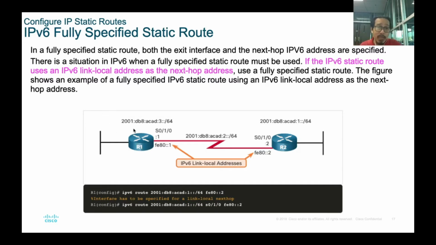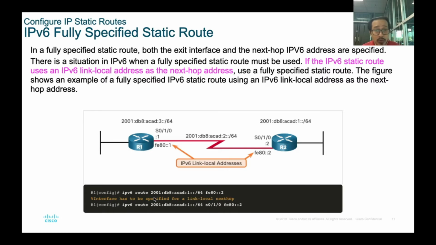If R1 has several other local area networks, they might use the same address, FE80::1 on one network, FE80::1 on another network, and FE80::2 on another. So whenever we provide a link-local as a next hop, the router might have a problem determining which exit interface. That's why if you enter the command ipv6 route, the network ID with the slash prefix, and a link-local address, the router will complain: interface has to be specified for a link-local next hop.